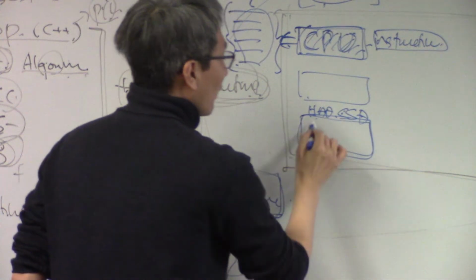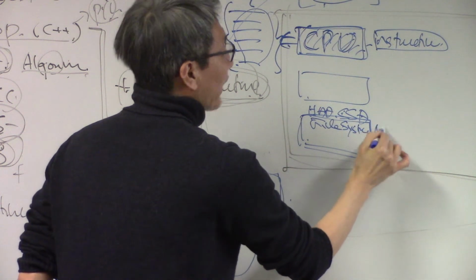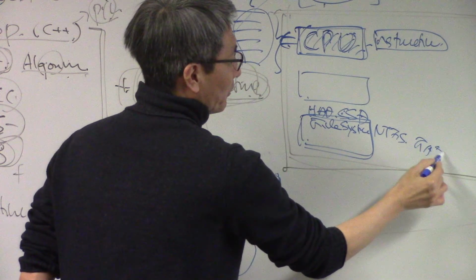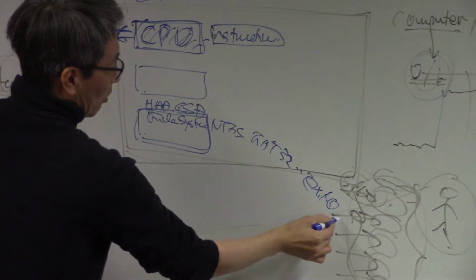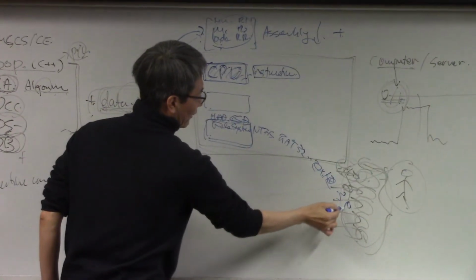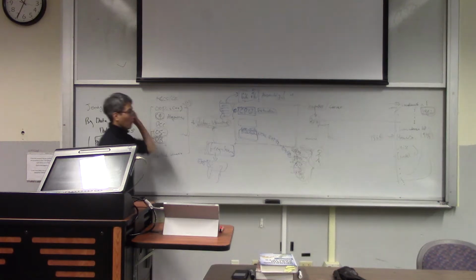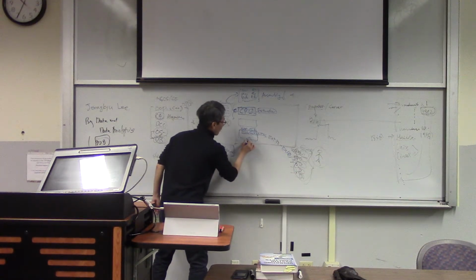So the file system, like NTFS or FAT32 and EXT2, EXT3, and so on, and UFS. There are many different types of file systems. In the file system, this executable file will be stored.